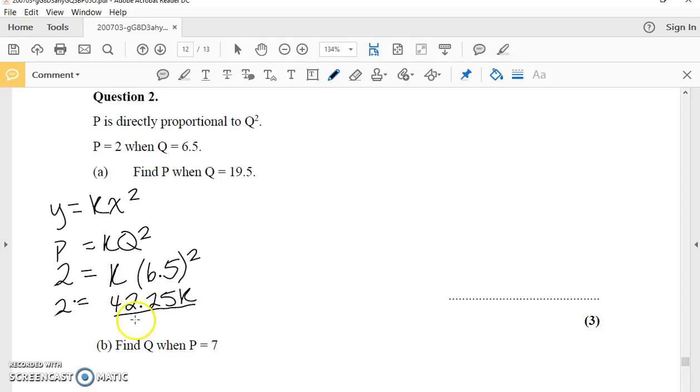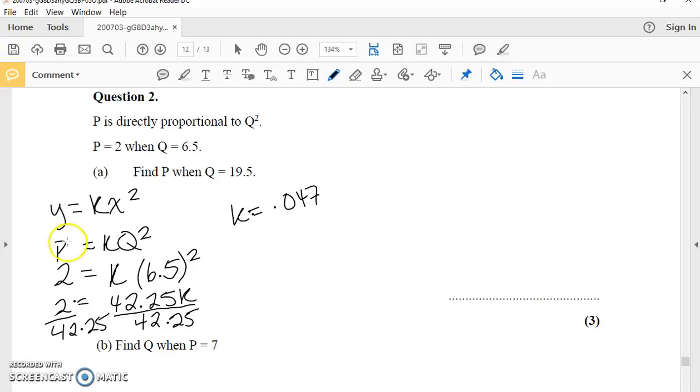Divide both sides by 42.25, and I get a k value that is equal to 0.047. Once I have that k value, I suggest keeping it stored in your calculator if at all possible, and using the answer value just to make your answer a little more accurate.